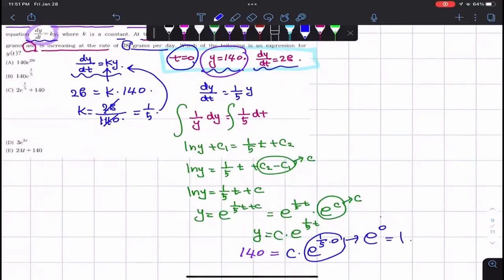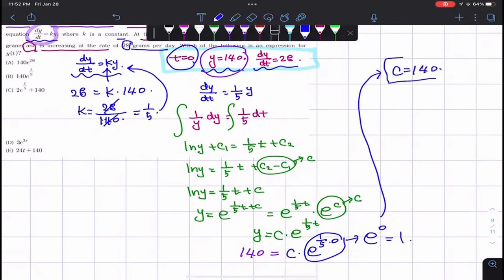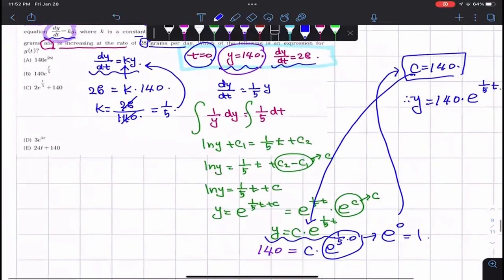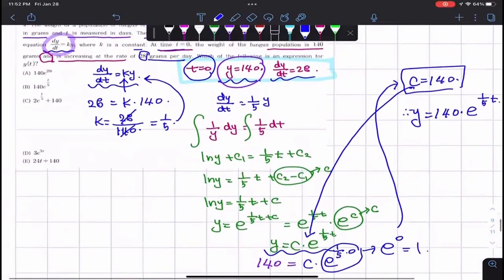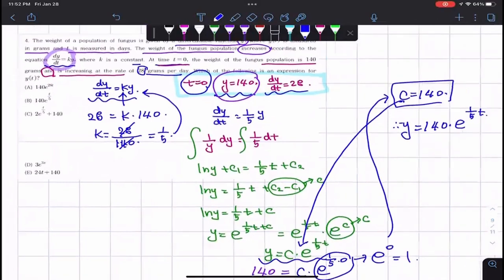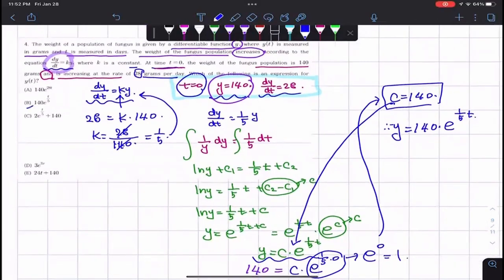So c equals 140. Plug in this value in this equation. Therefore, y equals 140 e to the power of 1 over 5 t. So the answer is P. Okay.